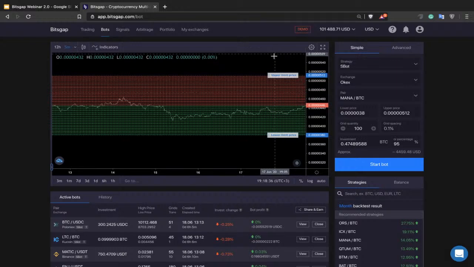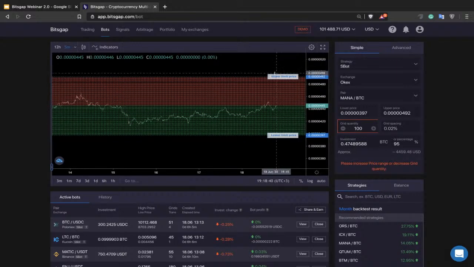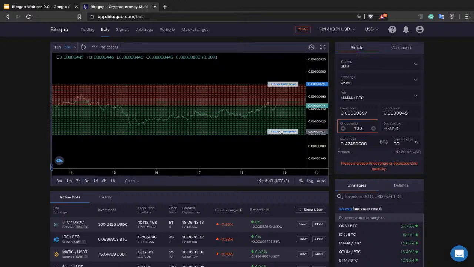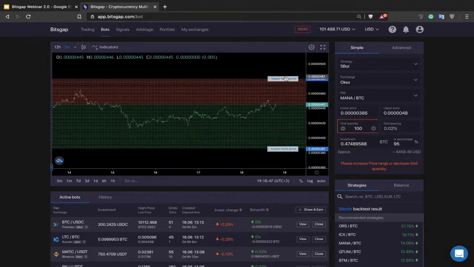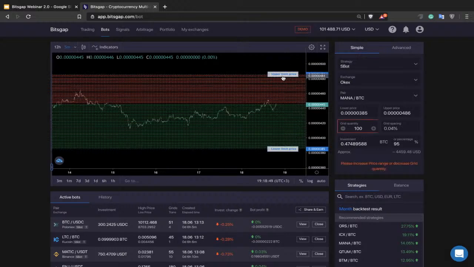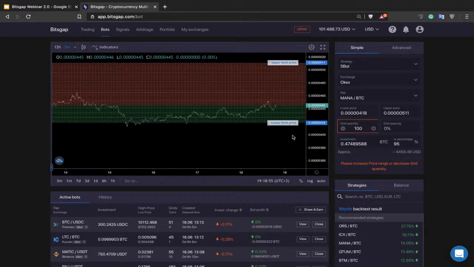But if you don't like this, you can always adjust it like this. You can grab the upper limit price and you can grab the lower limit price, and you can squeeze the trading range, or you can make it wider. You can make only the sell zone wider, and you can make the buy zone narrow. So it's up to you.